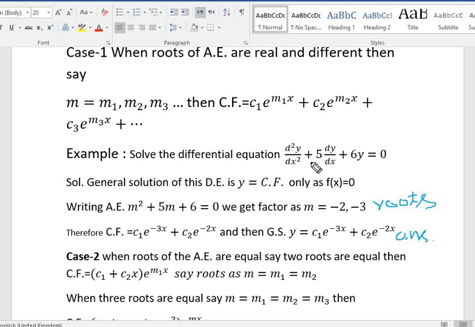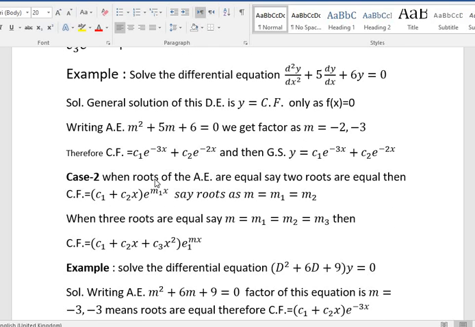That was the first example. Now the second case, case number 2: when the roots of the auxiliary equation are equal, say two roots are equal, m equal to m1 equal to m2, then the complementary function will be (c1 plus c2 x) e^(m1 x), or you can say m2, because m1 and m2 are the same.